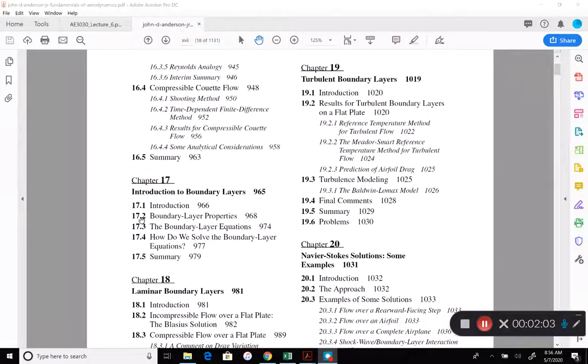All those concepts are covered in this chapter 17. So after you watch a video, it'll be helpful if you go back and look at the book and read through the relevant sections. It'll help you understand the concepts better.